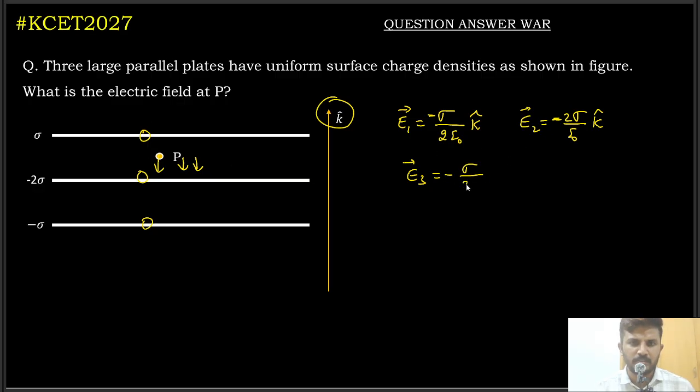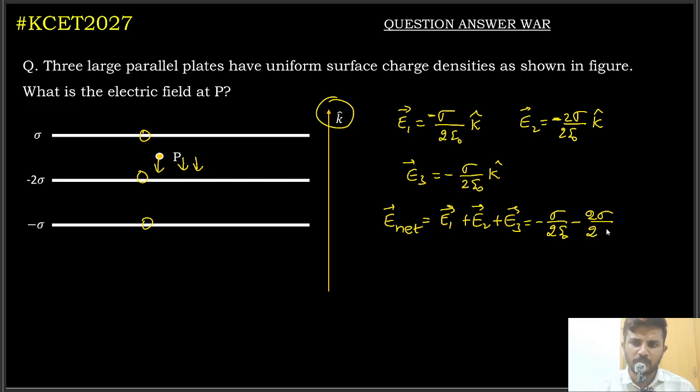Net electric field is E1 plus E2 plus E3, equal to minus sigma by 2 epsilon naught, minus 2 sigma by 2 epsilon naught, and minus sigma by 2 epsilon naught, that is minus 1, 2, 3, 4, minus 4 sigma by 2 epsilon naught.